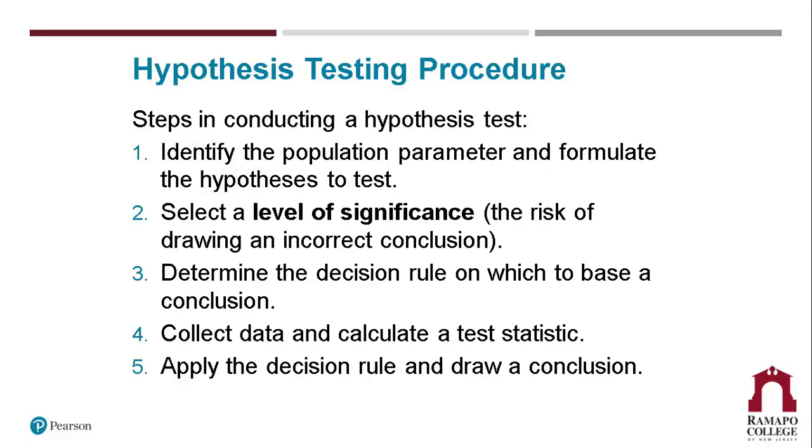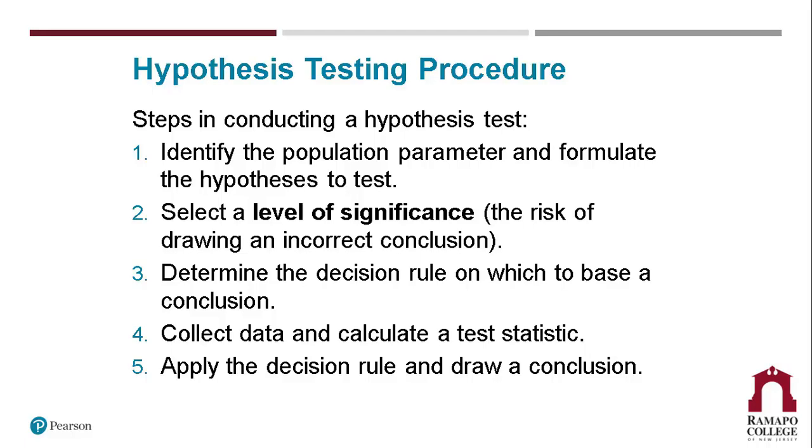Before deciding to reject or fail to reject the null hypothesis, one must perform the hypothesis test procedure. The first step is to identify the population parameter and formulate the hypothesis to be tested. The second step is to select a significance level, which represents the risk of drawing an incorrect conclusion.